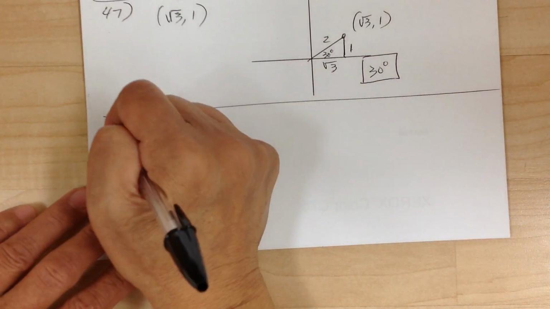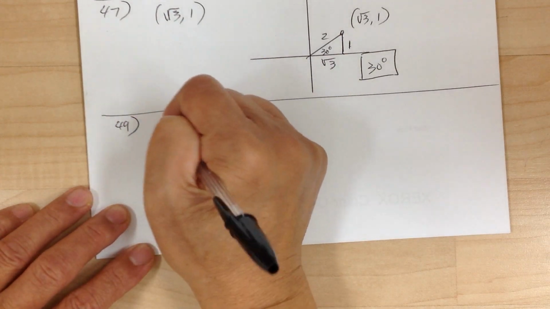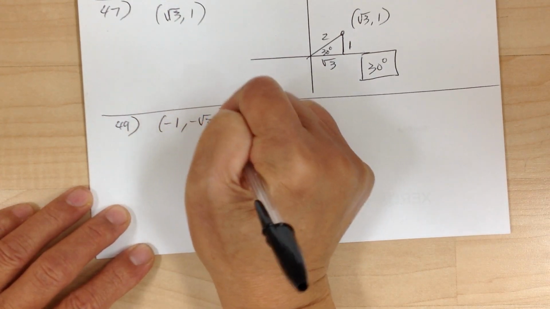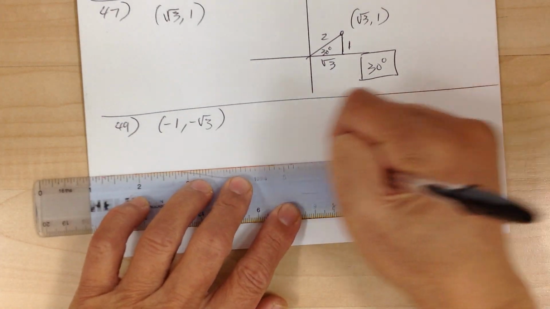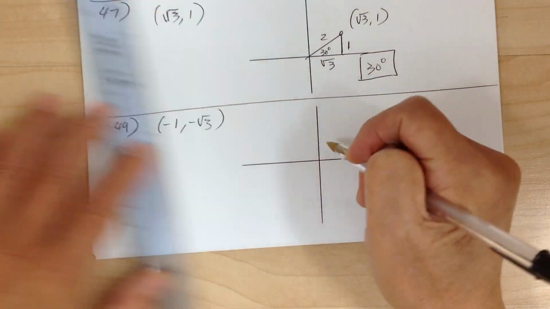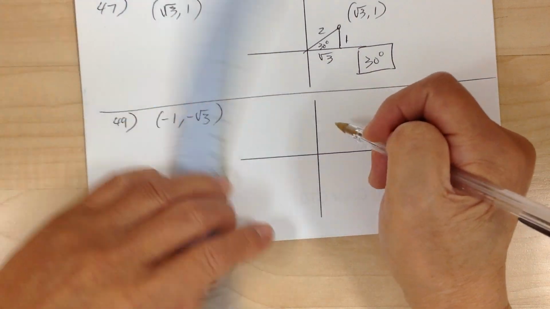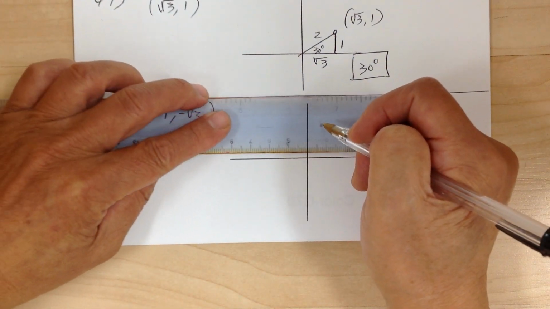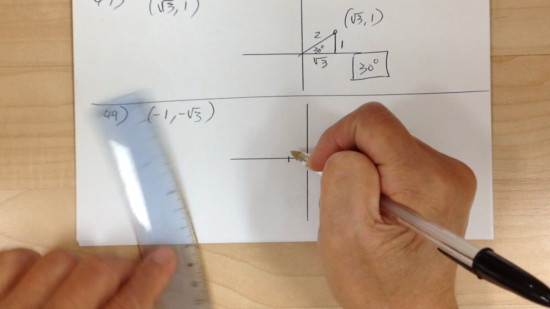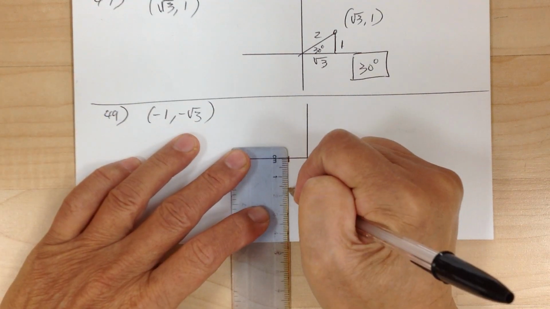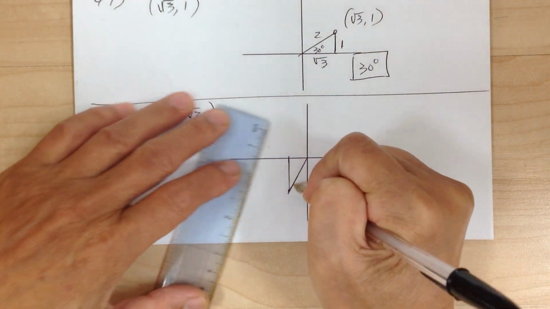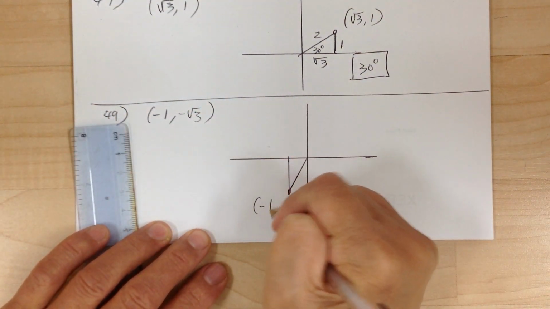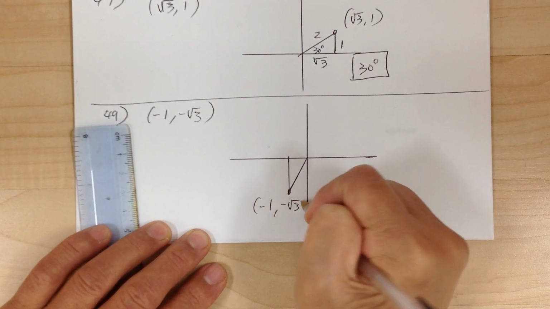Okay, number 49. You have -1, negative square root of 3, where square root of 3 is about 1.7. So that's your -1, negative square root of 3.